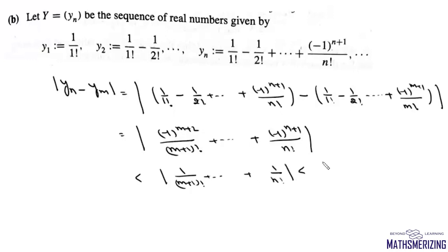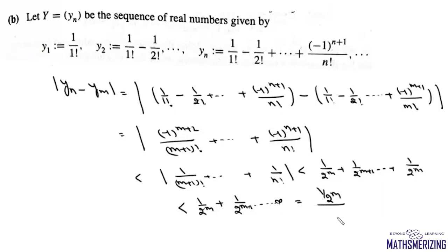Now it will be less than 1 upon 2 to the power m, 1 upon 2 to the power of m plus 1 up to 1 upon 2 to the power of n minus 1, and it will be less than 1 upon 2 to the power m, 1 upon 2 to the power of m plus 1 up to infinity, which is a upon 1 minus r, which is 1 upon 2 to the power of m minus 1.